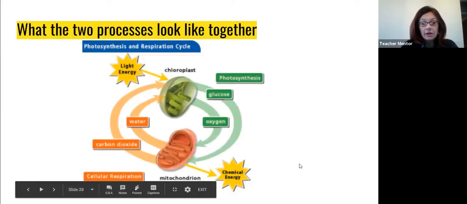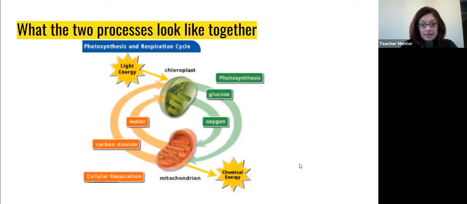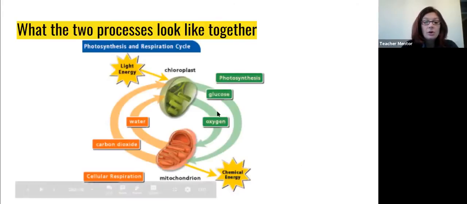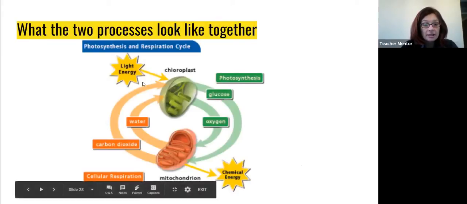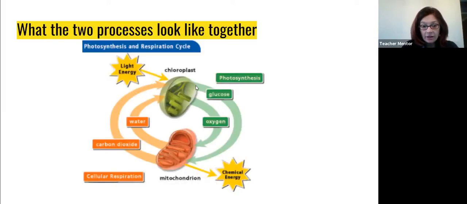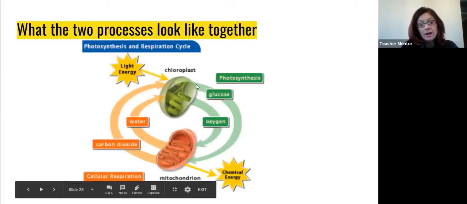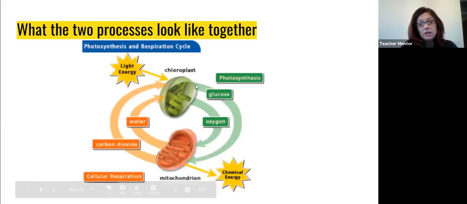So here's a diagram that's going to show both of these processes together. The chloroplast in the plant is going to take in light energy. This light energy is going to go through the process of photosynthesis in these green arrows. So we have glucose, which is rearranged by the plant, not necessarily created, but just rearranged by the plant.